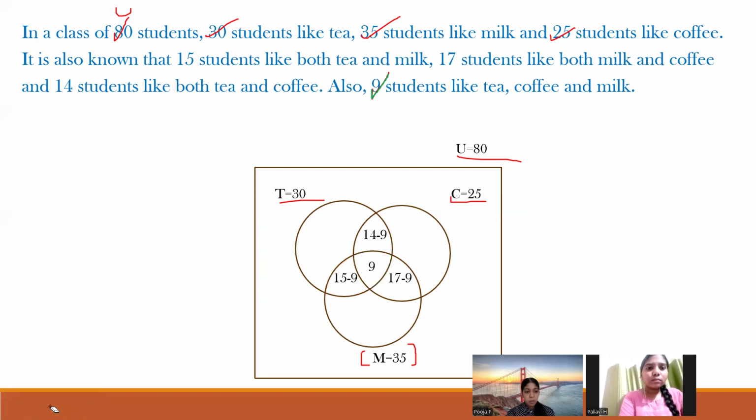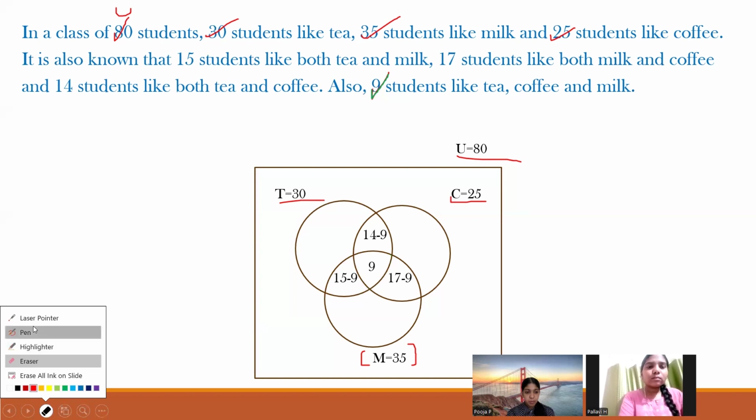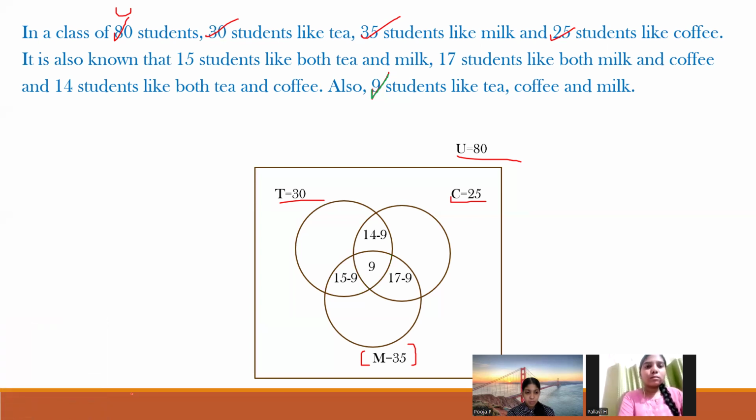So similarly, this 15 is done. We have taken 15 minus 9, which is 6. Now, they have told 17 like both milk and coffee.